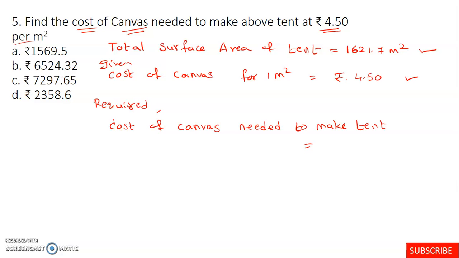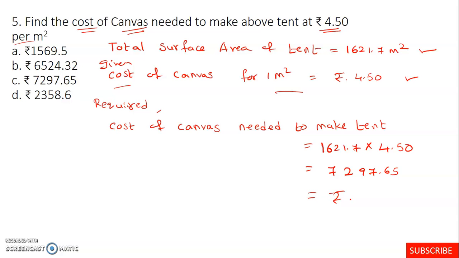Now you have to find required cost of canvas needed to make the whole tent, means total surface area into cost for 1 meter. Total surface area is 1621.7 into 4.50. If you do multiplication, you will get 7297.65.